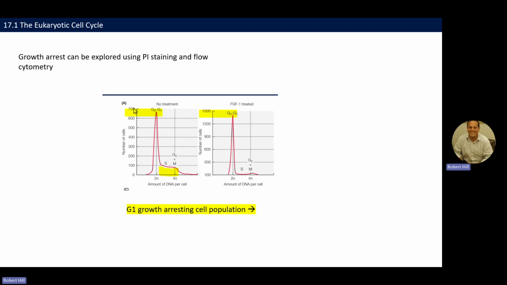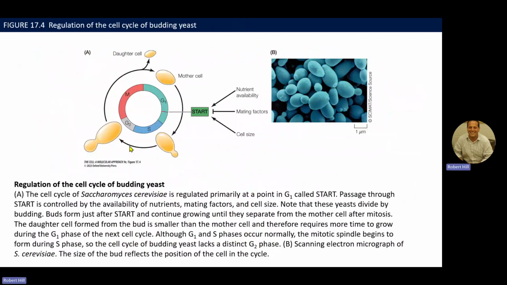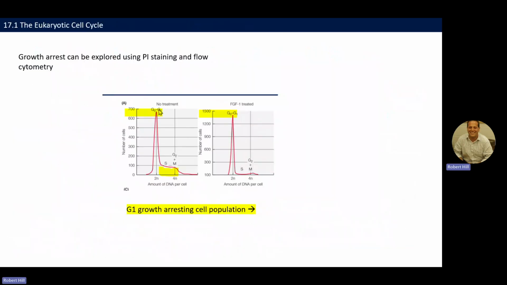All right, so there are fewer cells, because I want you to look at this number here. This axis goes from 700 to 1500. And here we've either pulled serum from the media, or treated with something that induces growth arrest. So now all of our cells are arrested in G0, G1. Just a little something about G0, because we haven't talked about that.